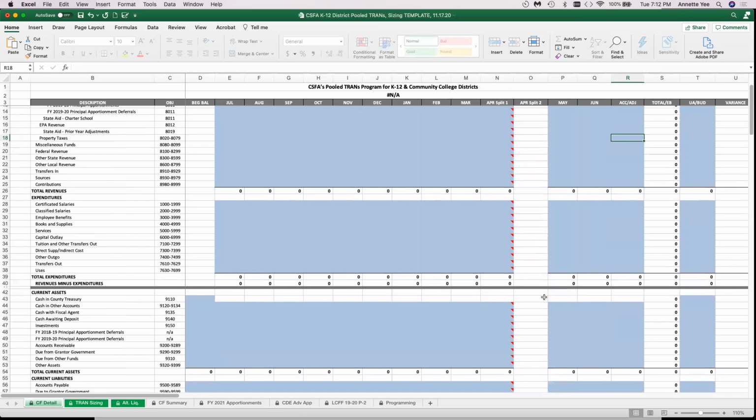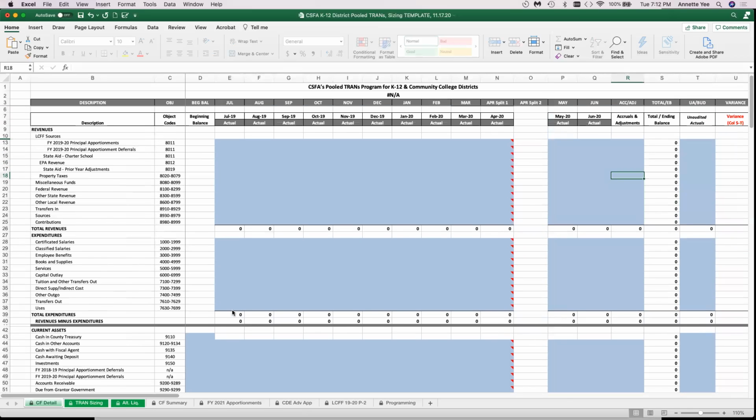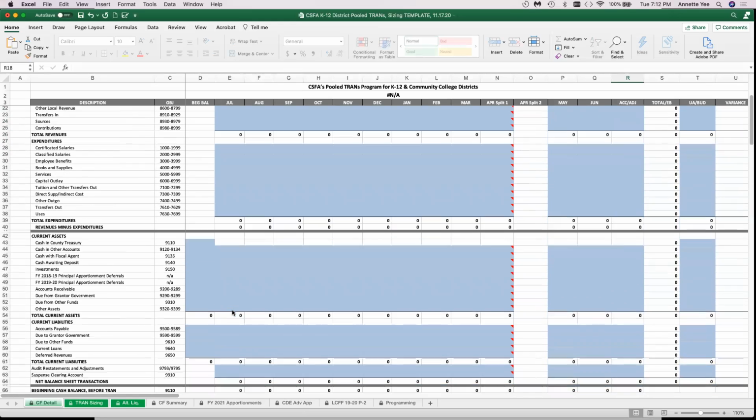I think it was the balances that you put in for your cash, etc. Yes, the first thing that I take as a source document, Annette, is my audited actuals for the 2018-19 fiscal year. And I start populating column D, the beginning balance column that is in blue.